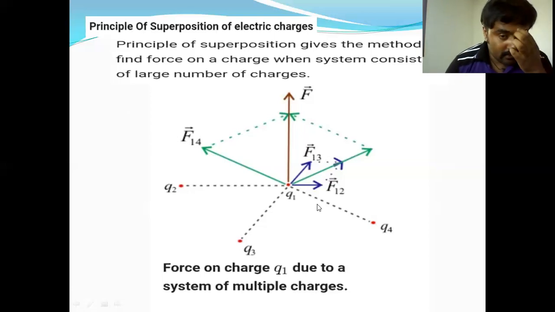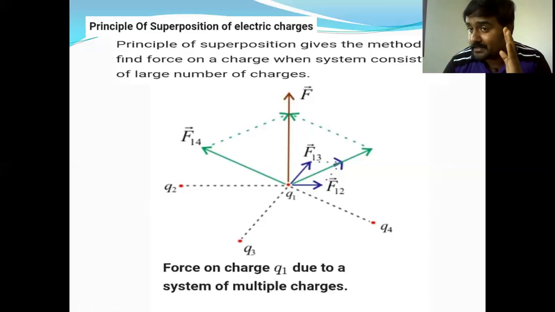So in this case, by using the parallelogram law of vector addition, first we have to calculate the resultant of F12 vector and F13 vector, that is along the diagonal of the parallelogram.